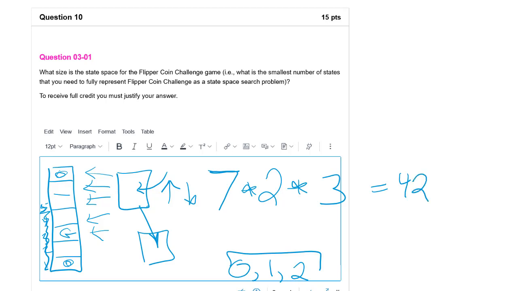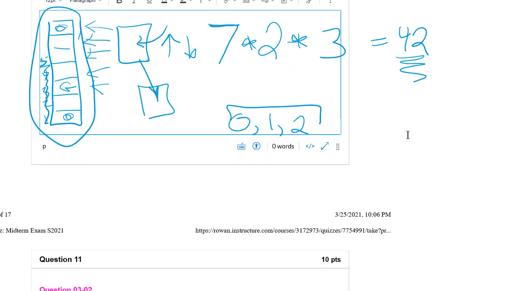That was for one game where the coins were pre-placed. Now 42 is actually a little bit higher. We can cut that down a little bit because when you are in the final goal state, let me scroll this just a little bit.